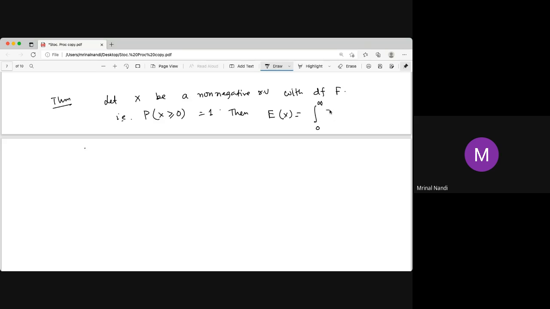For the discrete case, a similar result is true. So for continuous, this expectation is nothing but the integral from 0 to infinity of 1 minus F(x) dx. That is very interesting. Obviously, it is assumed that if one side exists, then the other side exists. If the left hand side does not exist, then the right hand side does not exist.